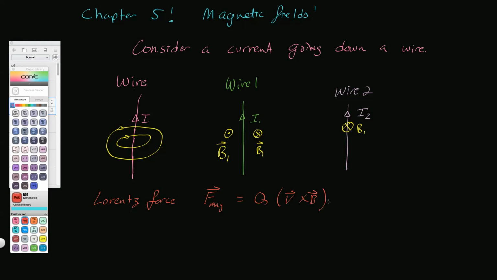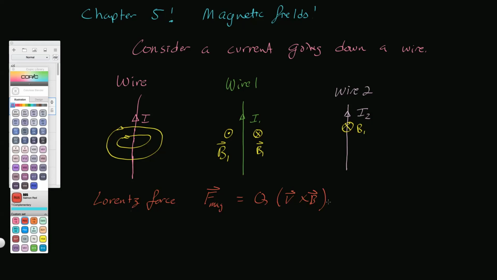But of course, V is, well, let's back up a tiny bit. So we have a B field at wire 2 that's acting on moving charges, right? That are going at velocity V, which is basically the current. So you have some charges moving at velocity V.